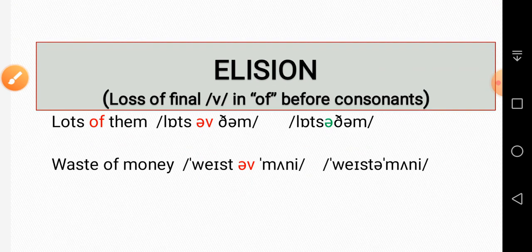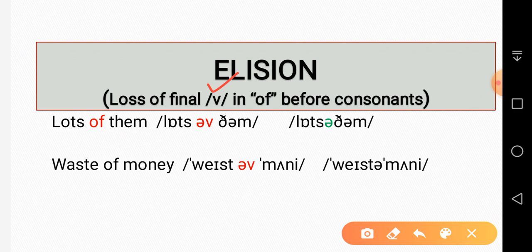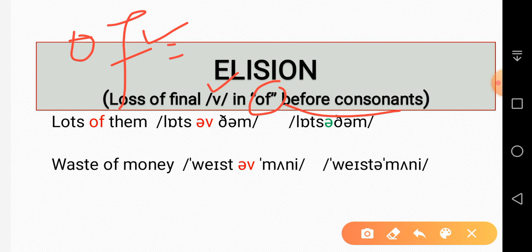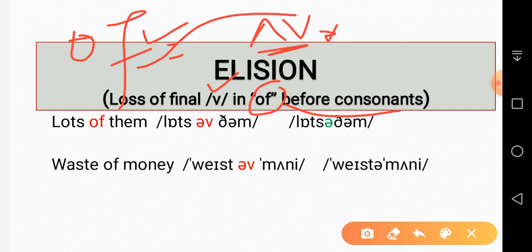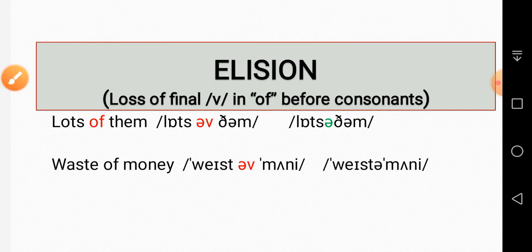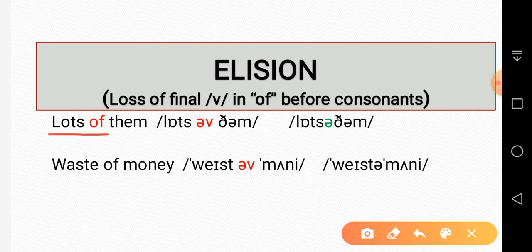Now another example of elision, loss of final v in of before a consonant. This preposition, people pronounce it as off. It is not off, there will be no f sound, so we pronounce it of, like this. See, here is a phrase, lots of them.